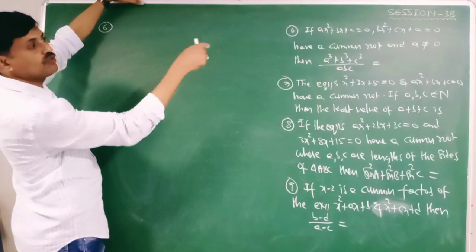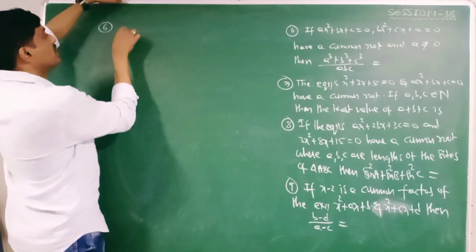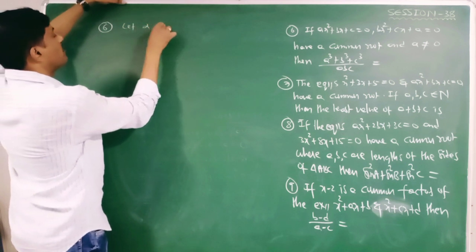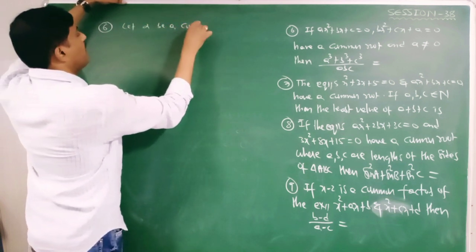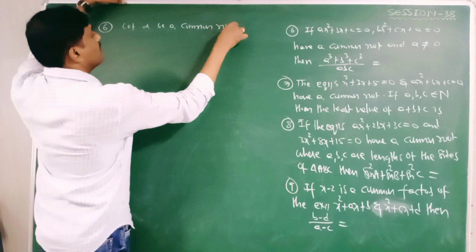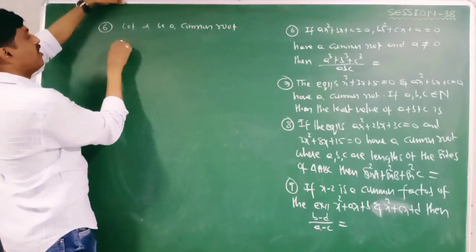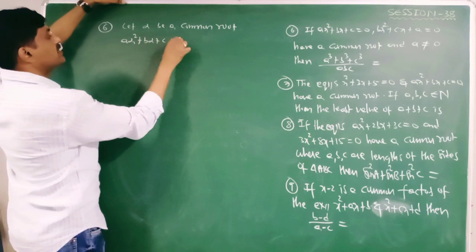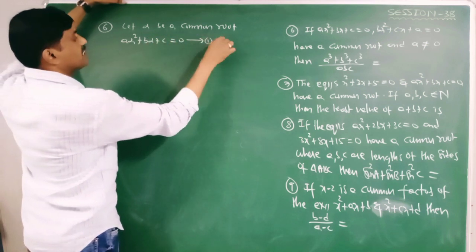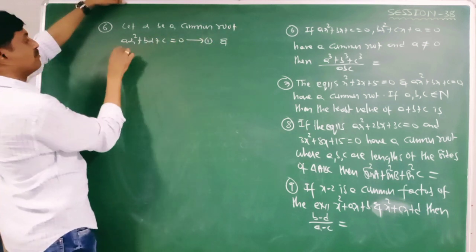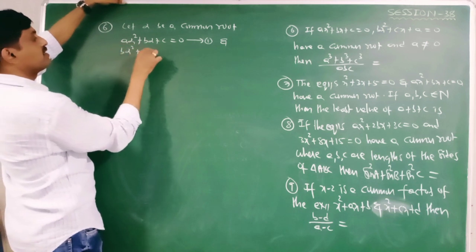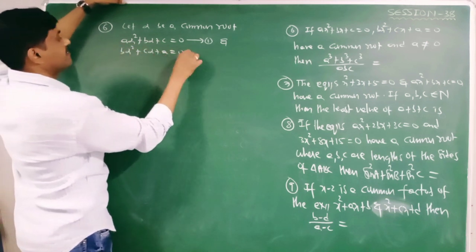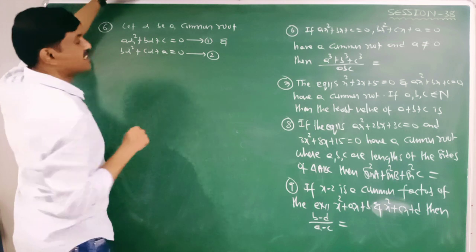As these two quadratic equations have a common root, let alpha be the common root. Therefore a alpha square plus b alpha plus c is equal to 0, this is the first equation, and b alpha square plus c alpha plus a is equal to 0, this is the second equation.